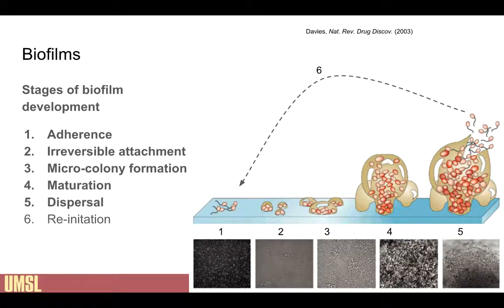And this is where these cells are becoming highly differentiated in terms of their metabolic activity, what they're doing. Cells at the center of a maturing biofilm are experiencing less oxygen, and they're experiencing a much higher concentration of quorum-sensing molecules.